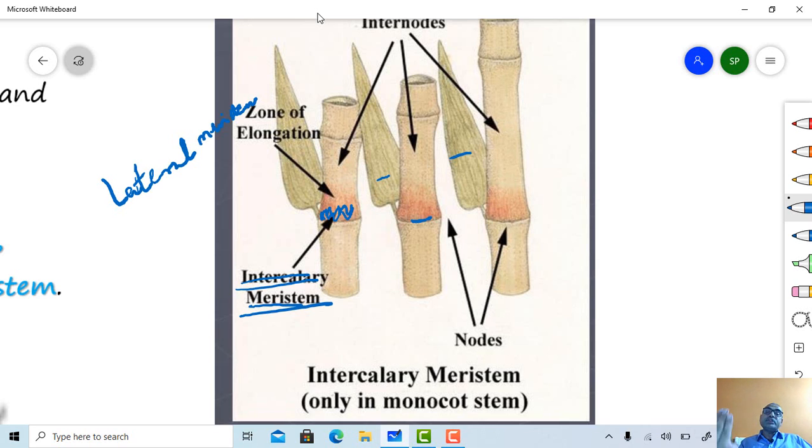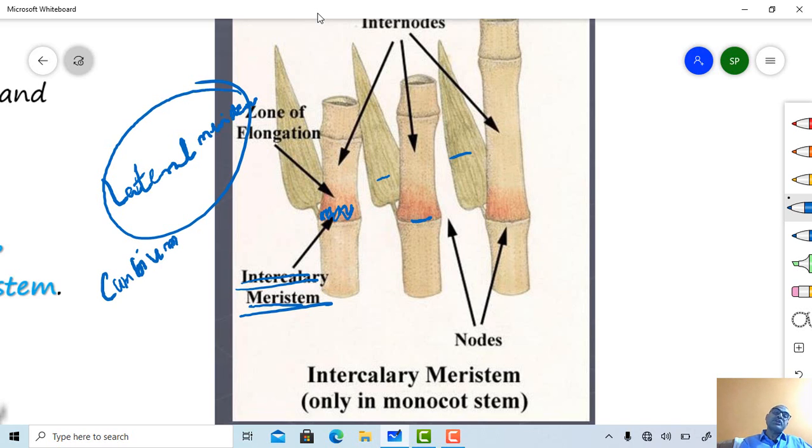But secondary growth is absent in monocot. Why is it absent? Because the lateral meristem, or vascular cambium or cork cambium, which are parts of the lateral meristem, are absent within a monocot, and that's why secondary growth is absent in a monocot.